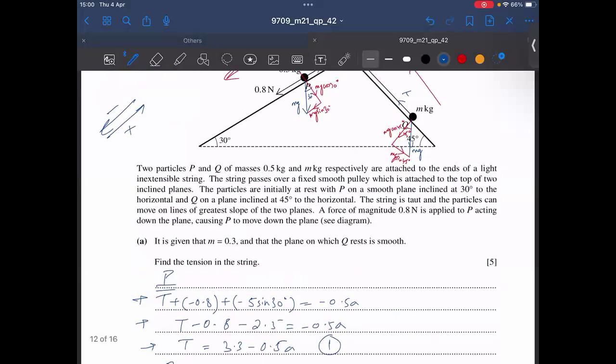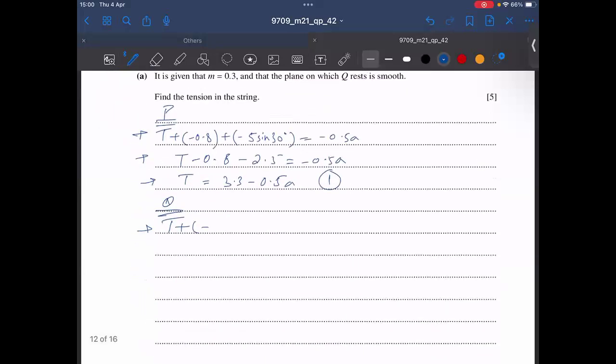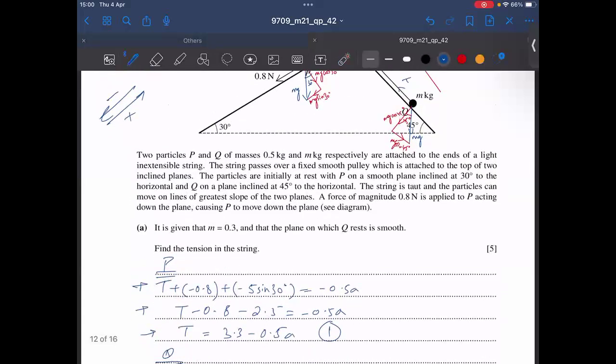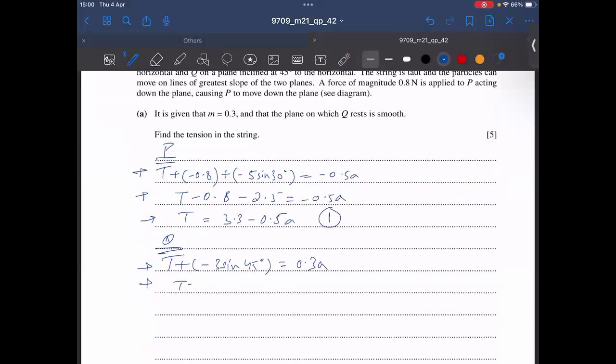M is 0.3, so mg is 3, giving 3 sine of 45 degrees acting downwards, equals 0.3 times positive a. Why positive a? Because Q is moving upwards, so the acceleration is positive. So T equals 3 times sine of 45, which is 2.12, plus 0.3a. This is the second equation.